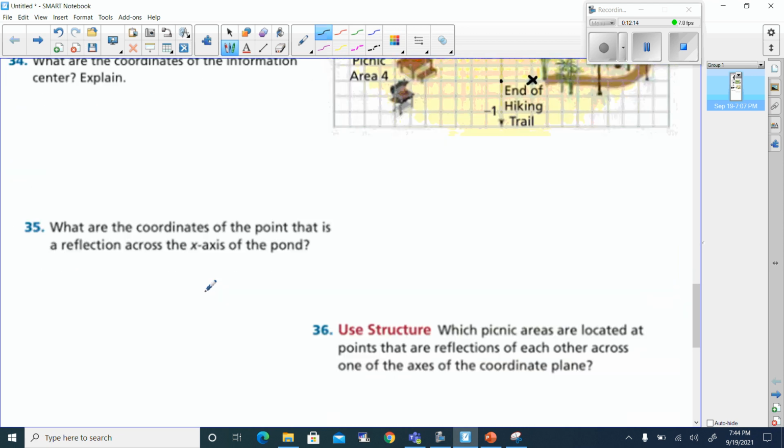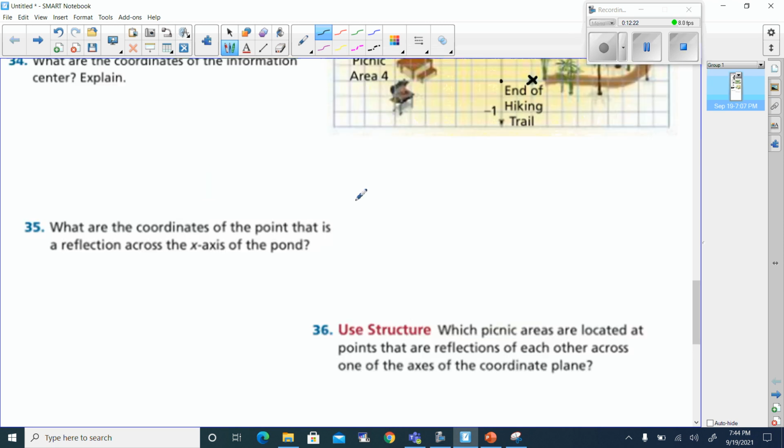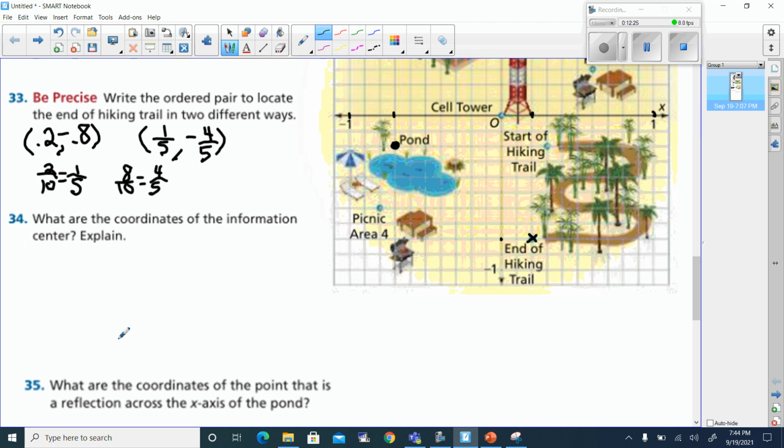Let's see, number 35 is next. What are the coordinates of the point that is a reflection across the x-axis of the pond? Wow, okay. Well, the x-axis is here, right? Across the x-axis of the pond.